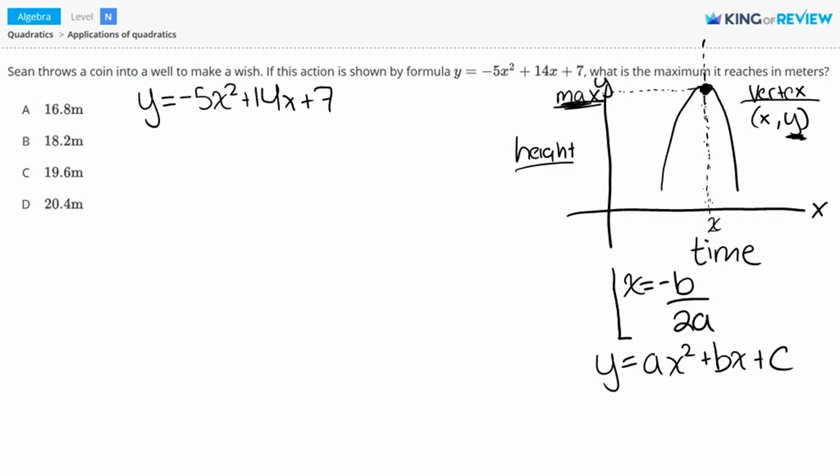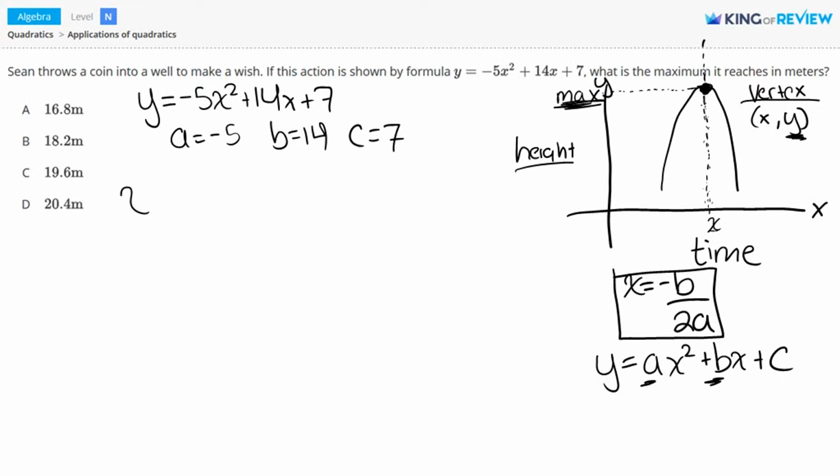The axis of symmetry equation here has the a and b values, and those come from these numbers here. So on our equation, a equals negative 5, b equals 14, and c equals 7.